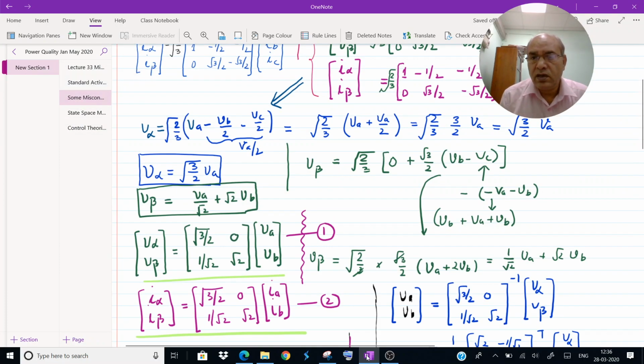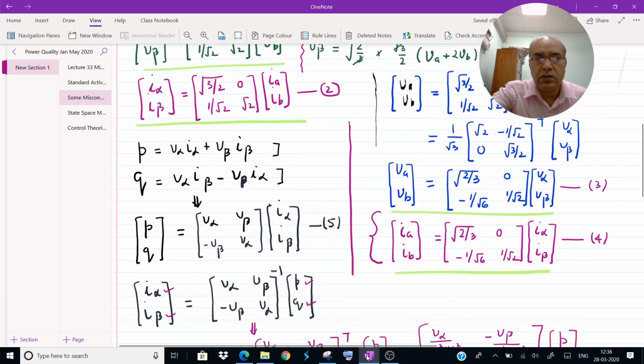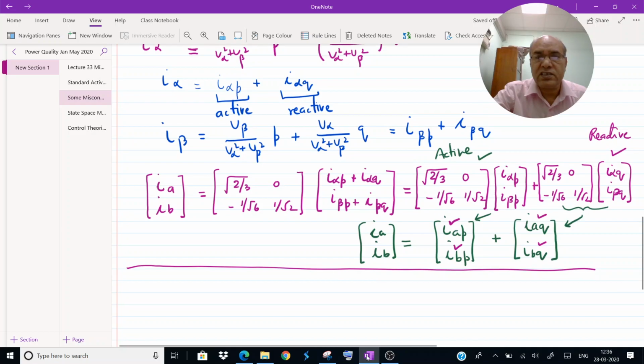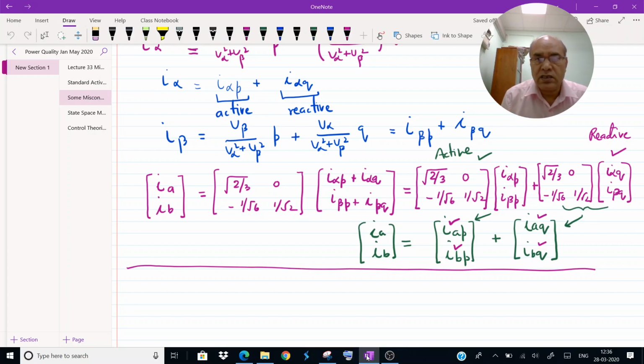we found the relationship between the alpha beta components and its active and reactive components in ABC coordinates. Okay, if you look here, these are the ABC coordinates.